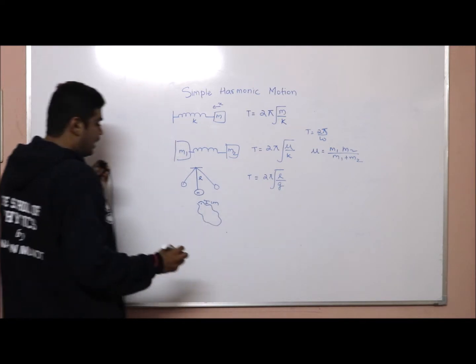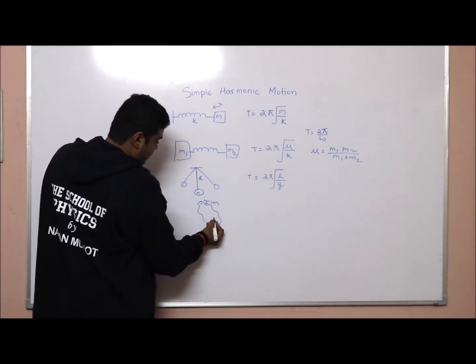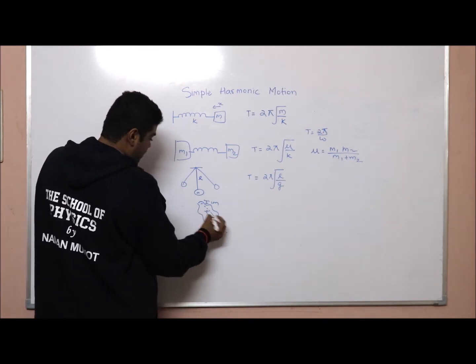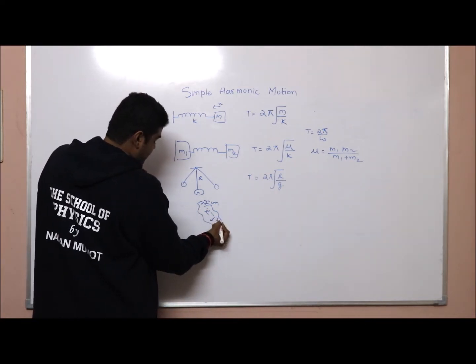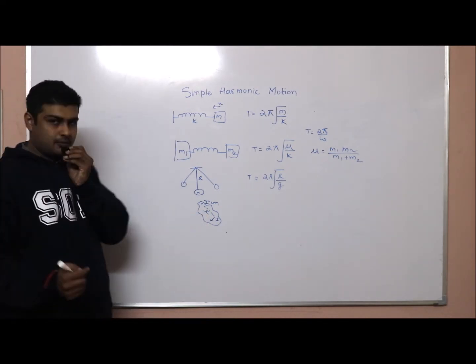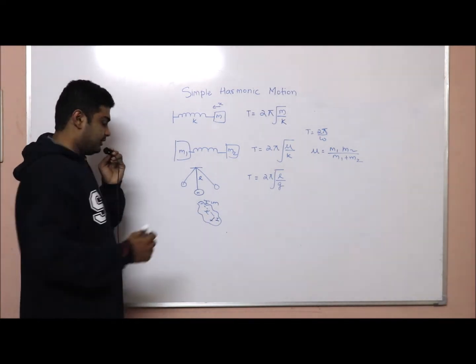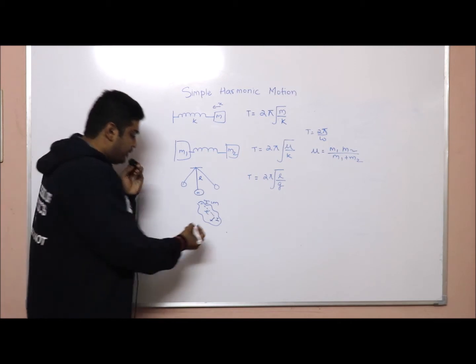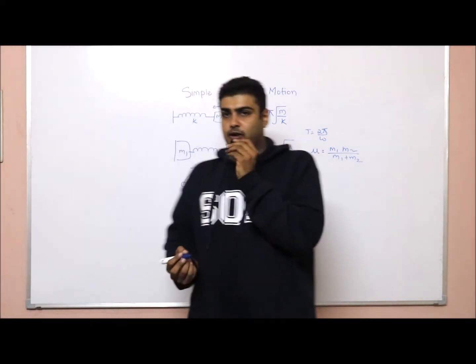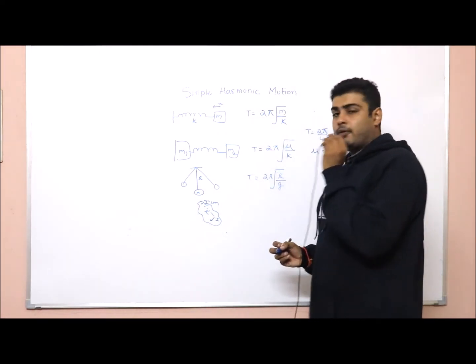Suppose we give it a force here, x here, and this is L, and the moment of inertia of this object around this axis is I. When this does SHM, it is called a compound pendulum. When this does SHM, what will be the time period?